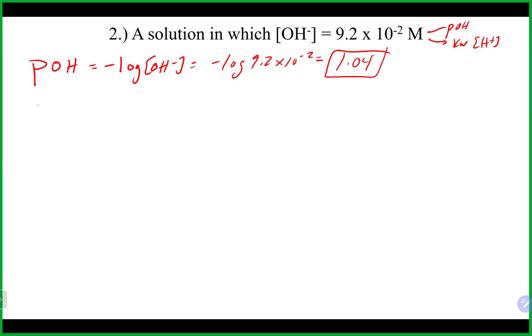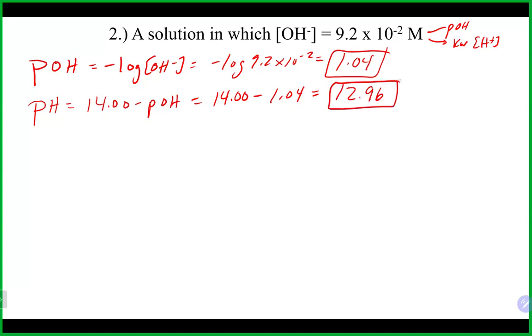I am again going to use that relationship that the pH then would equal 14 minus the pOH. So that's going to be 14 minus 1.04, and that is going to get me there, 12.96 in terms of my pH. And at this point, that then opens up two options to get to the H plus.